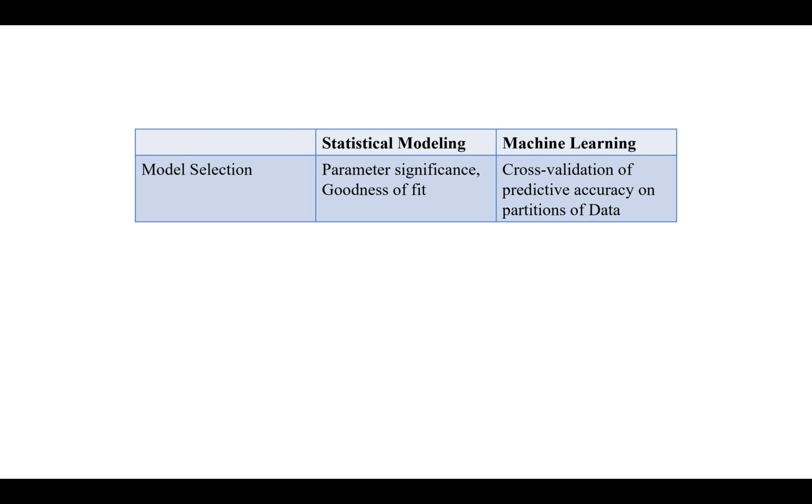You will observe that in most cases we will be using goodness of fit tests. For example, with logistic regression, we will look at the Hosmer-Lemeshow goodness of fit test, and also at parameter estimate tables so that we can detect the parameters that are significant by making use of p-values and so on.